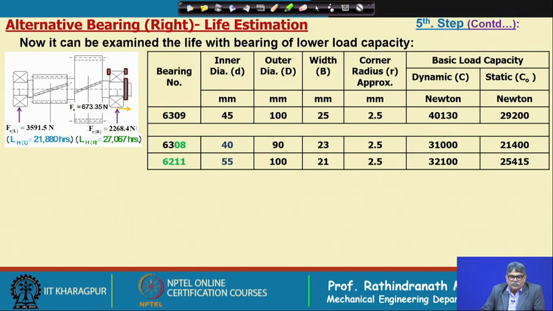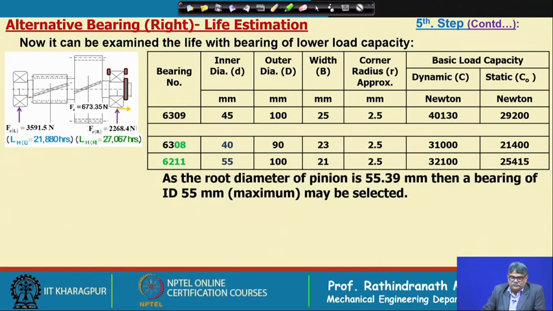It will not be a good design because the stepping, because the 55 will be very close to the root diameter of the pinion, which is integral with the shaft, but still it is possible, we can go for those dimensions. Now, let us verify what the life will be.